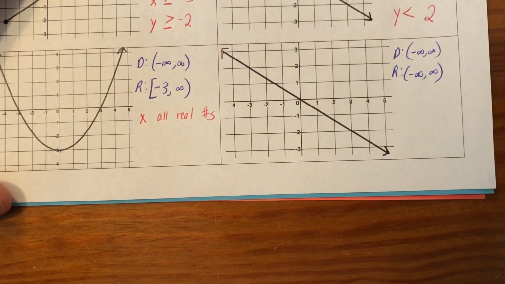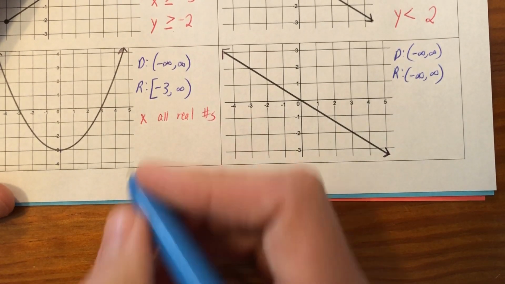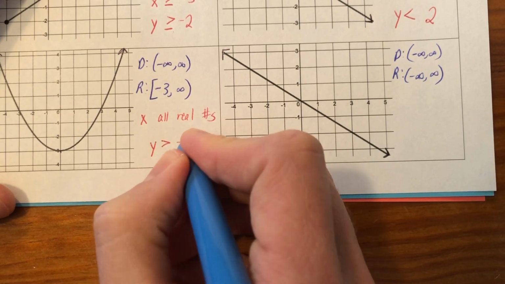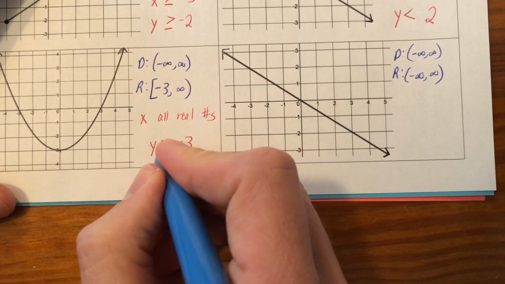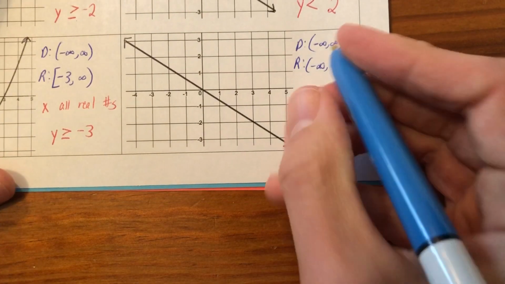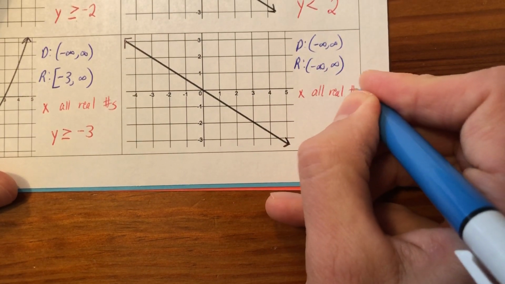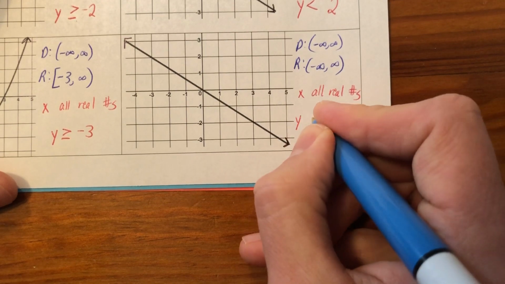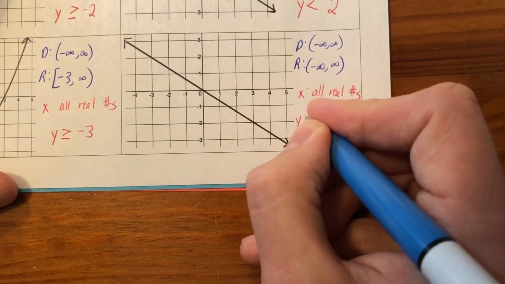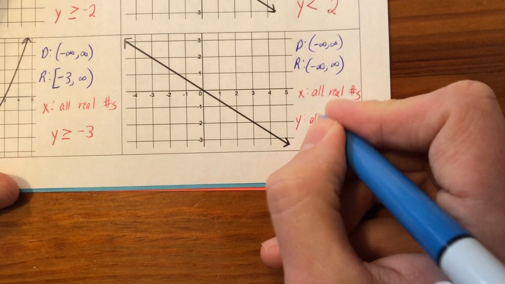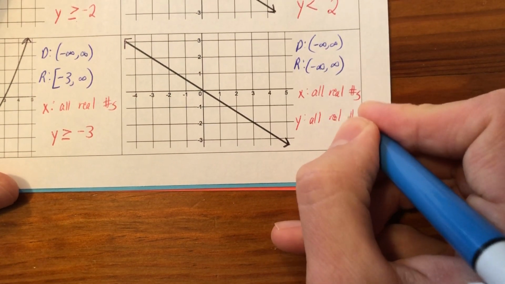That looks like all real hashtags or pound signs, but it means numbers. And then the y is everything greater than -3, and it does include it. Let's do one more. X is all real numbers, and then the y, we'll put colons after that just to kind of break it up grammatically. It's all real numbers.